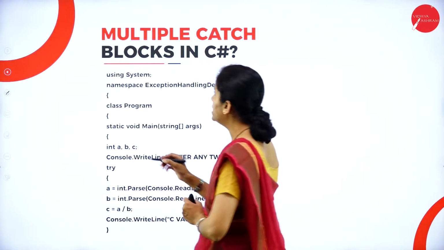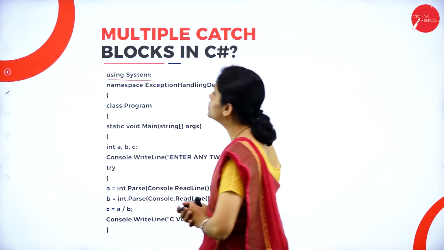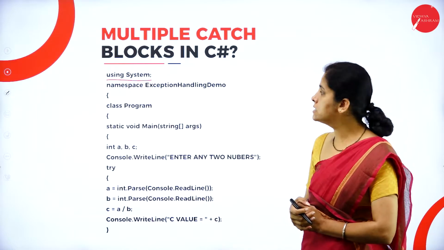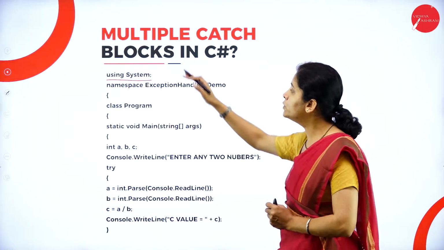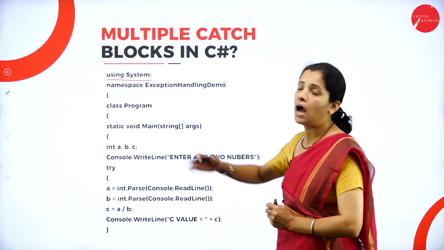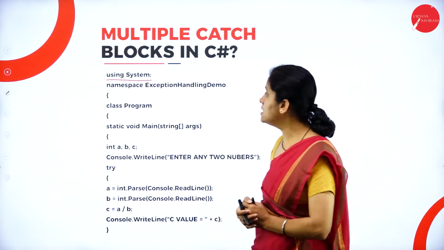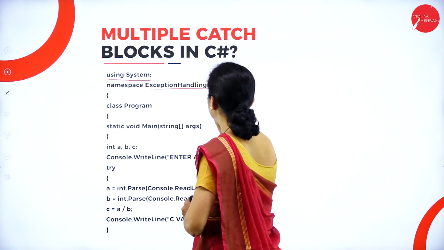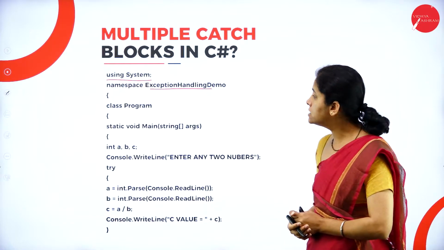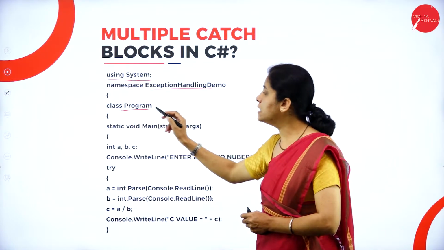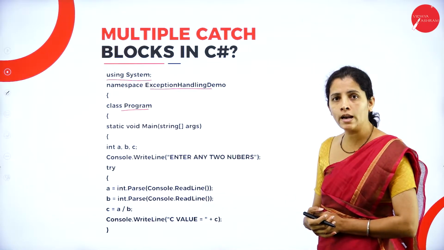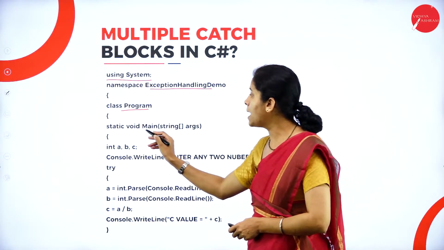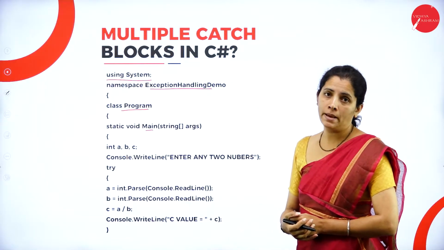My program is going to start from using System and I'm going to create the namespace, which is nothing but ExceptionHandlingDemo. Inside this, I'm going to create the class called Program, and inside the program, I have the Main method.